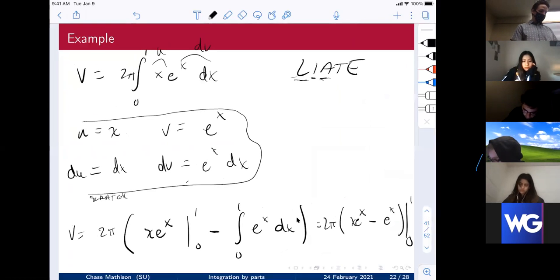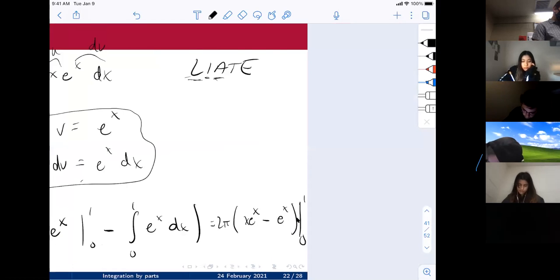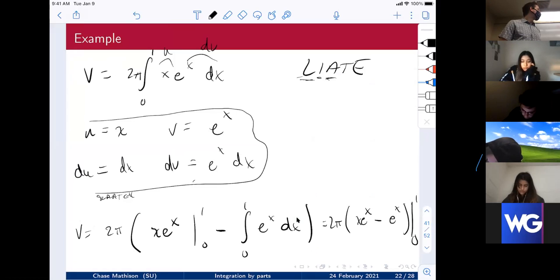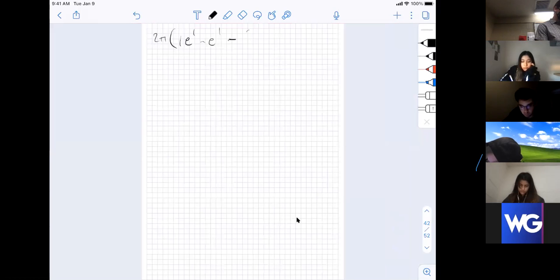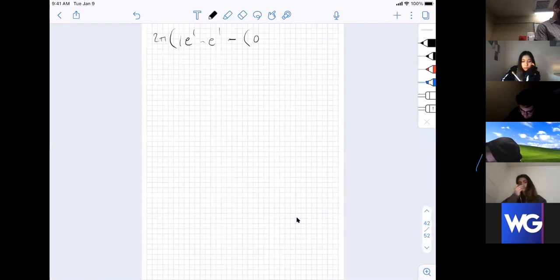Well, when I plug in 1, I'm going to get 2 pi times 1 times e to the 1 minus e to the 1. Okay. Then I'm going to subtract off when I plug in 0. Well, when I plug in 0, I'm going to get 0 times e to the 0, minus e to the 0.